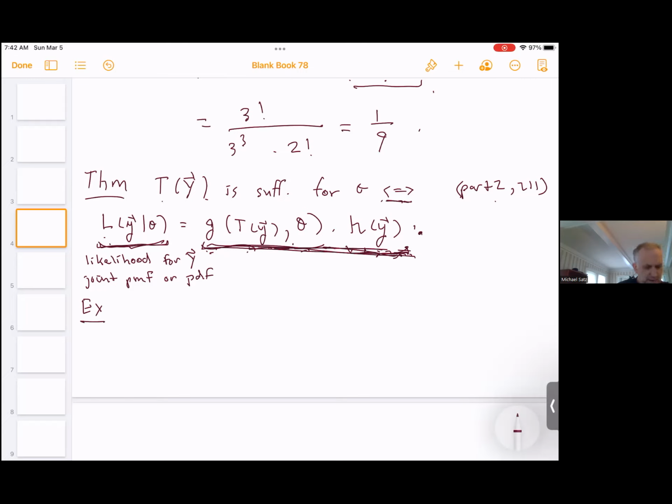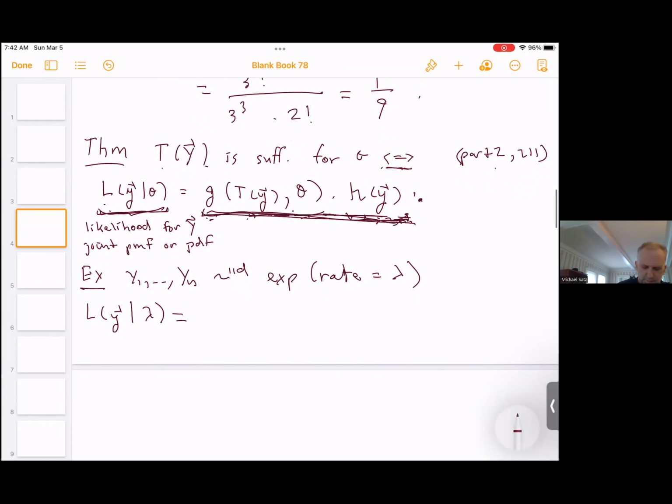So suppose we have Y1 through Yn, say IID, say exponential, and say we use the rate for this. Then L is just equal to the product of the PMFs.